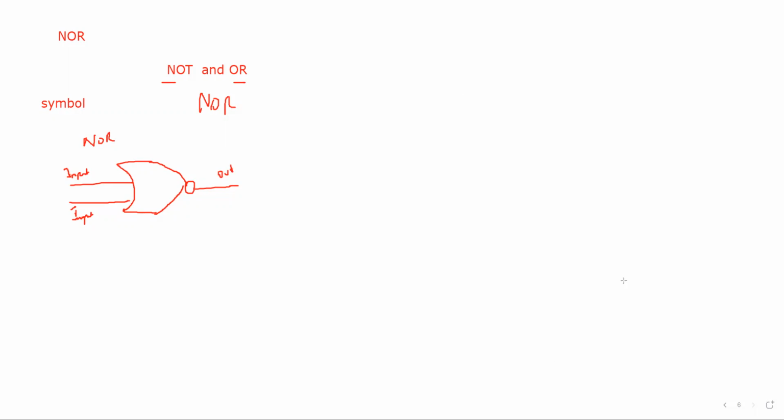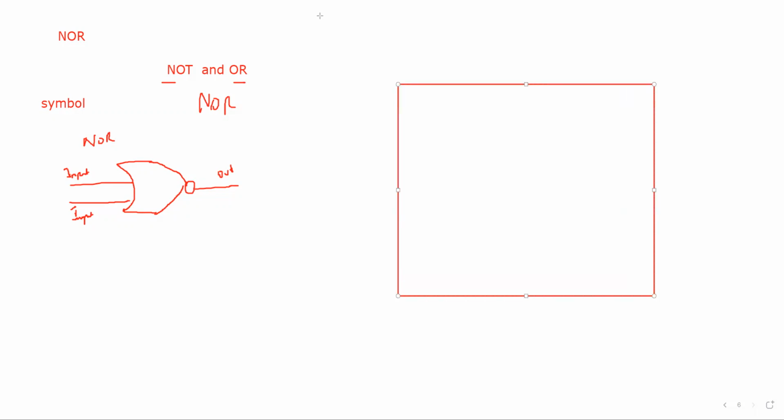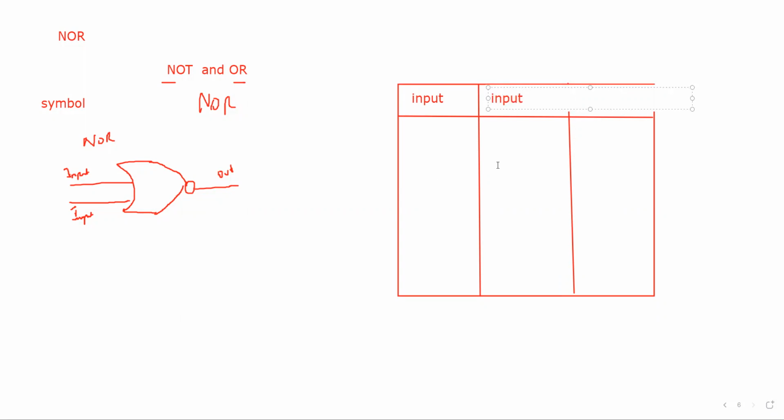So the final will be opposite. For the OR gate, all the final results will be changed. So input, input, and output.